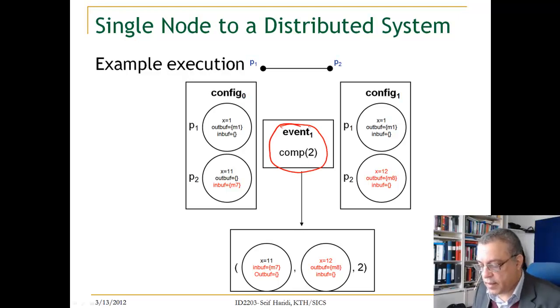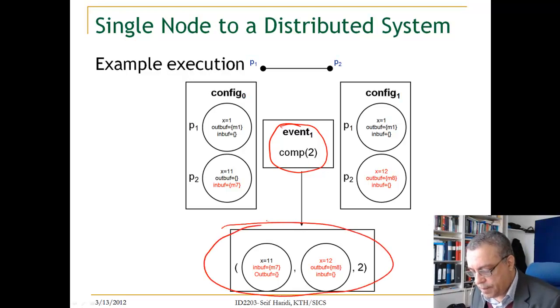This computation event is applicable because we have the input state, the input buffer, and the output buffer. And the event will transform the state of P2 from this state to this state.